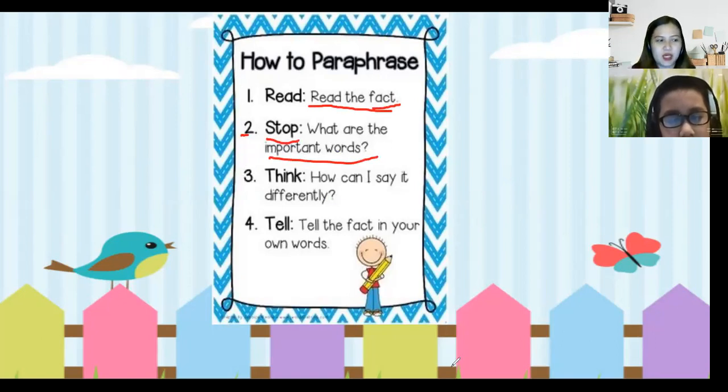And number three, think. How can I say it differently? You really need to think about how to say this word differently so it doesn't look the same.